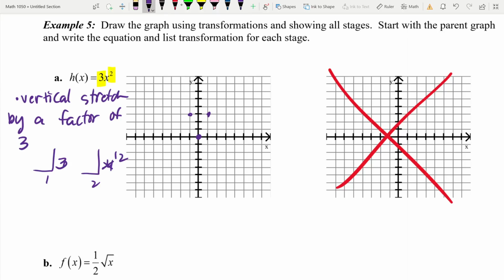Look right here for a second. Please don't do this. I need somebody to tell me what's wrong with that. It looks like an absolute value. Looks like a V. You're exactly right. Why does it look like a V? It's going past 2.